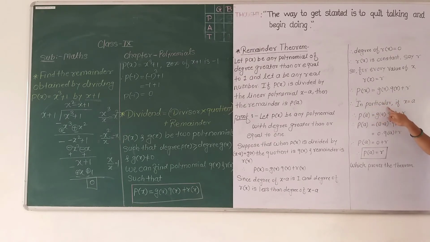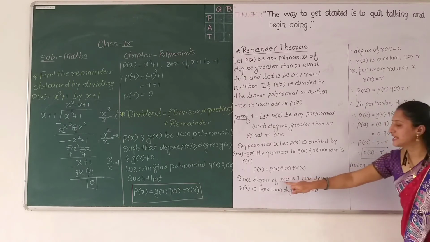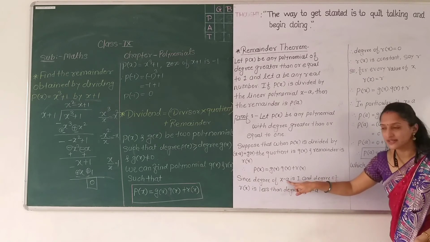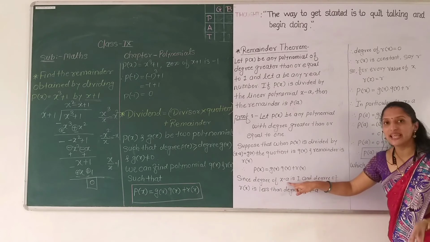Now in particular, if x is equal to a, here a is the zero of the polynomial. x minus a is our divisor, and the zero of x minus a is a.